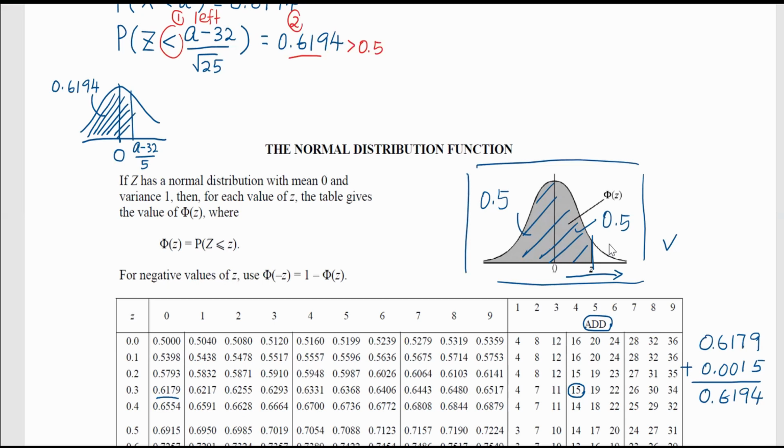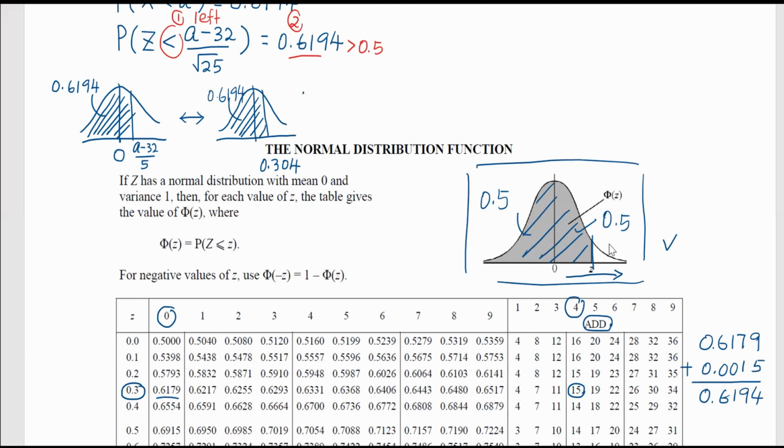Okay, and the corresponding z-score value would be 0.3, 0, and 4. That means if you refer to the bell-shaped curve again, when the z-score is 0.304, the area towards the left, which is the probability, is 0.6194.